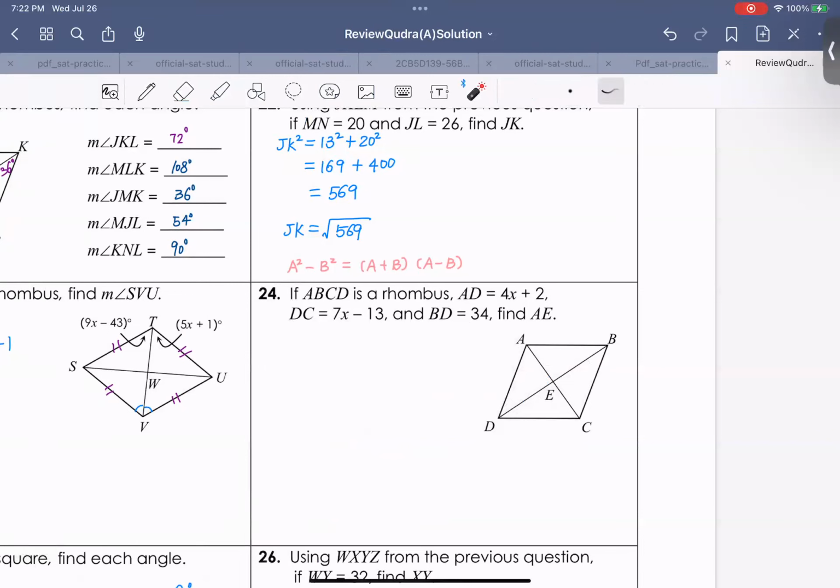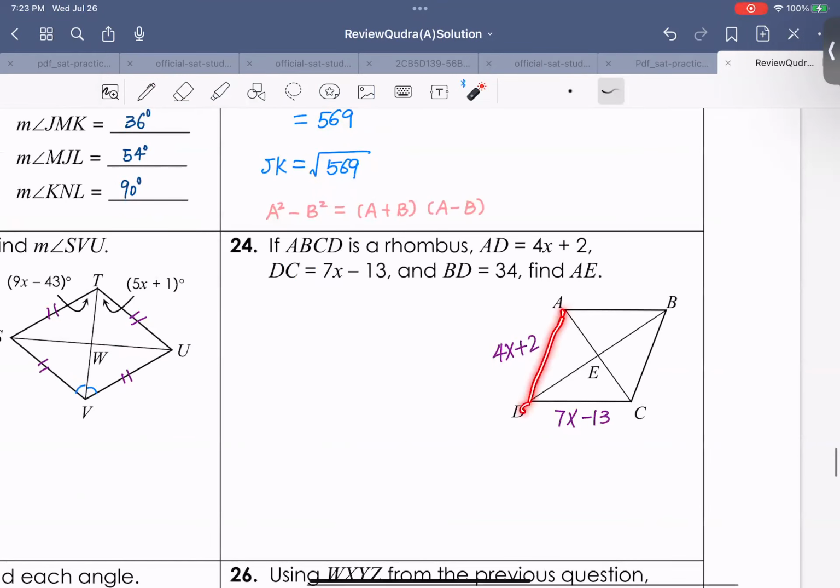Sophie, let's try 24. This is a rhombus, and the given conditions are AD is 4x plus 2 and DC is 7x minus 13. And then we want to get AE, right?